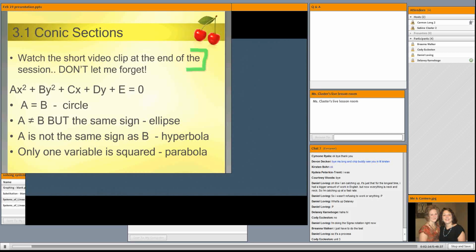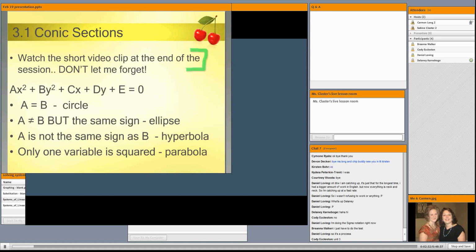When you look at this first lesson, all they're trying to get you to do is understand the conic sections. I like to know generally what I'm looking at as far as which conic section is which.